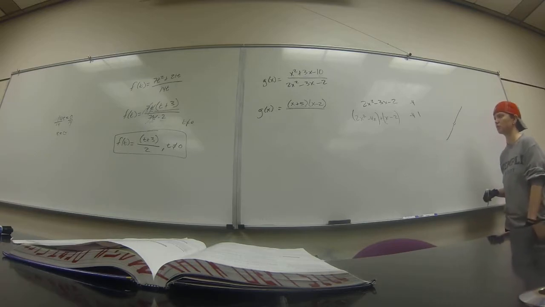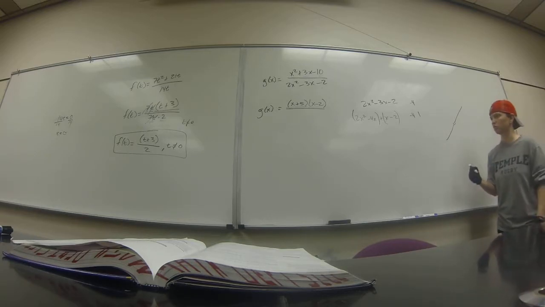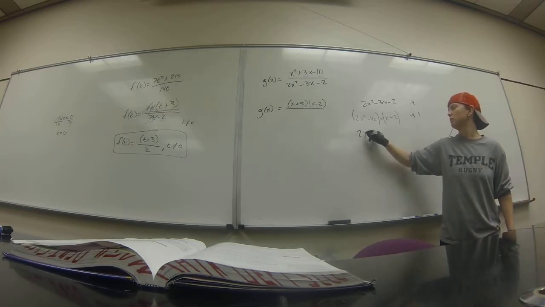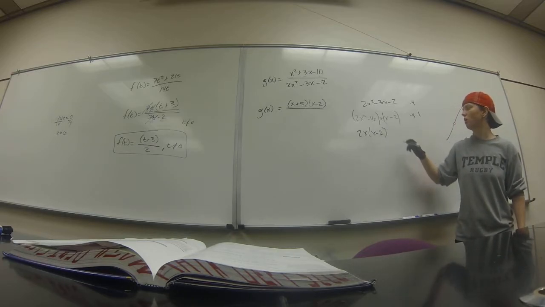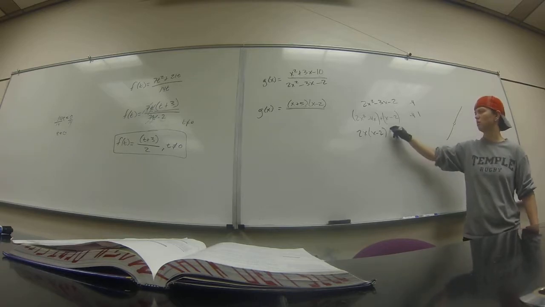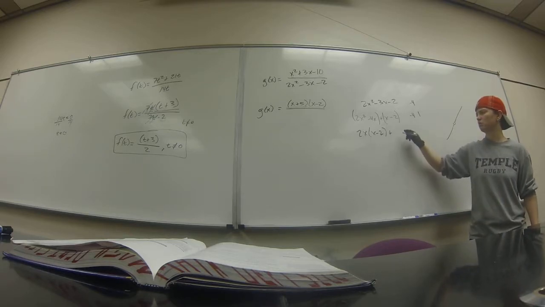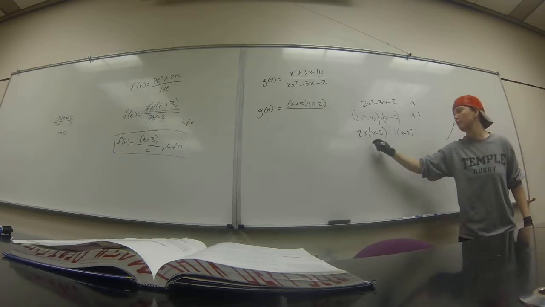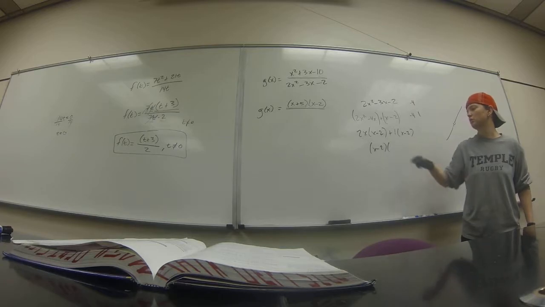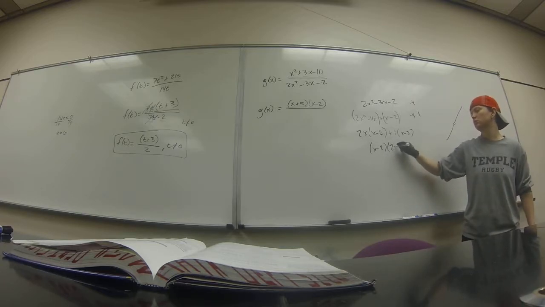What comes out of the first group? 2x. 2x leaves us with x minus 2. Have we run into this before where nothing comes out? Just pull a 1, like pulling an invisible 1 out. So we're going to have x minus 2 times 2x plus 1.